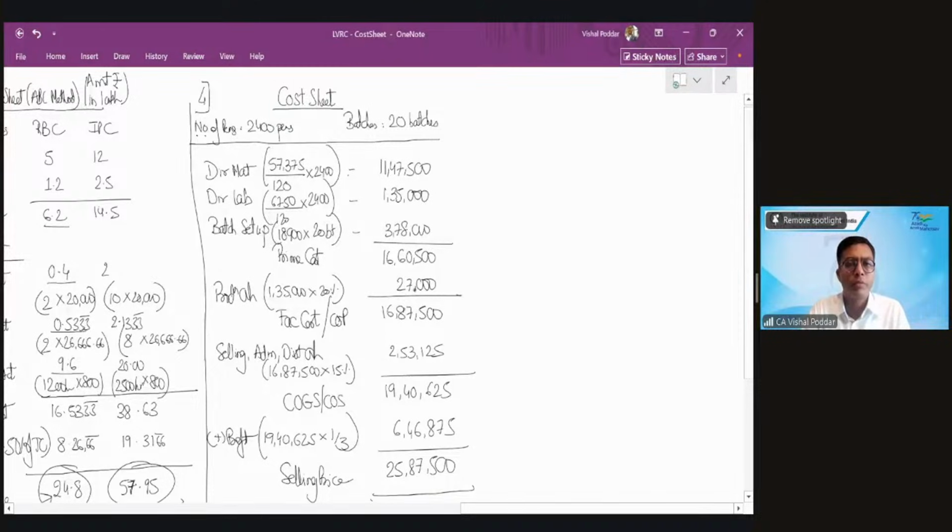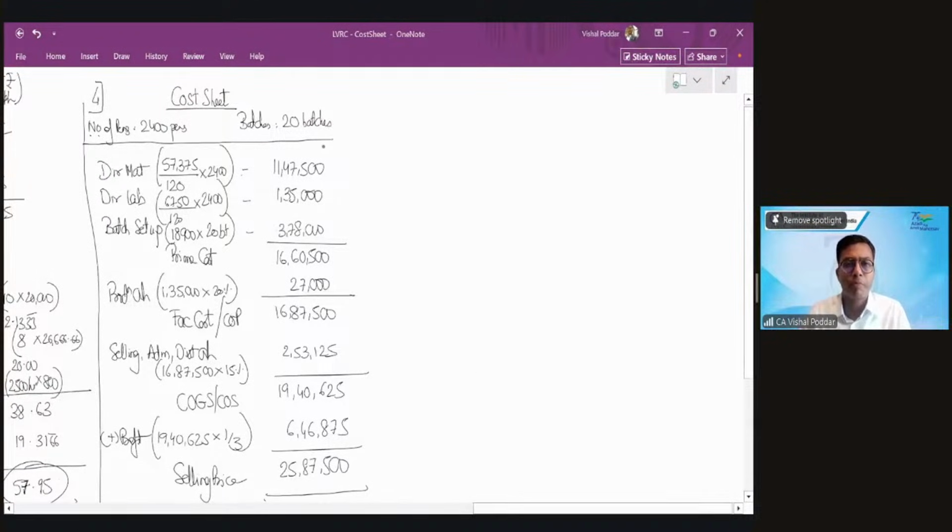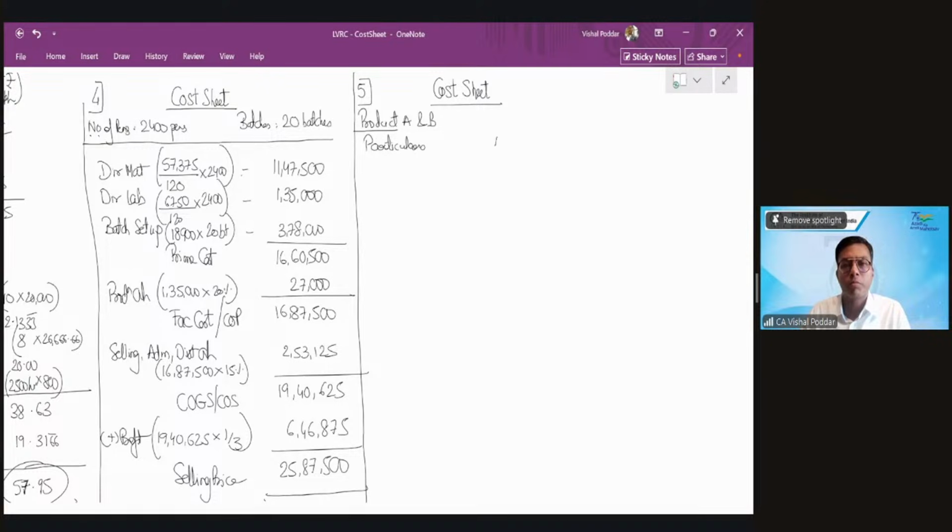Now again, this is different from the previous three sums we solved. See, format students broadly may be same, but you have to modify product A and B. So particulars A, B. So I'm writing firstly the production units.